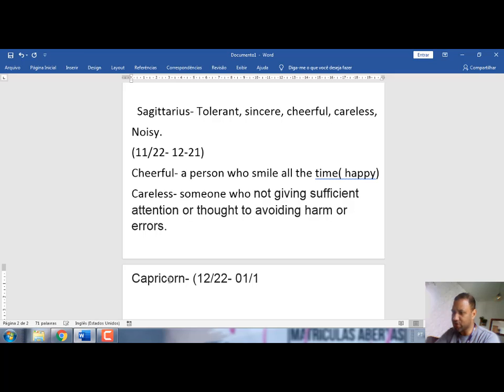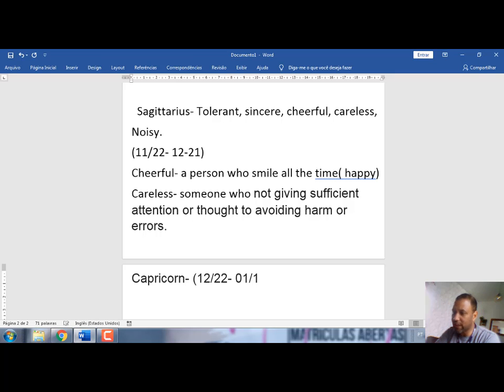What does reliable mean, guys? Reliable. Just a minute. Alright guys, so what does reliable mean? Reliable, guys, is that person that you can trust.